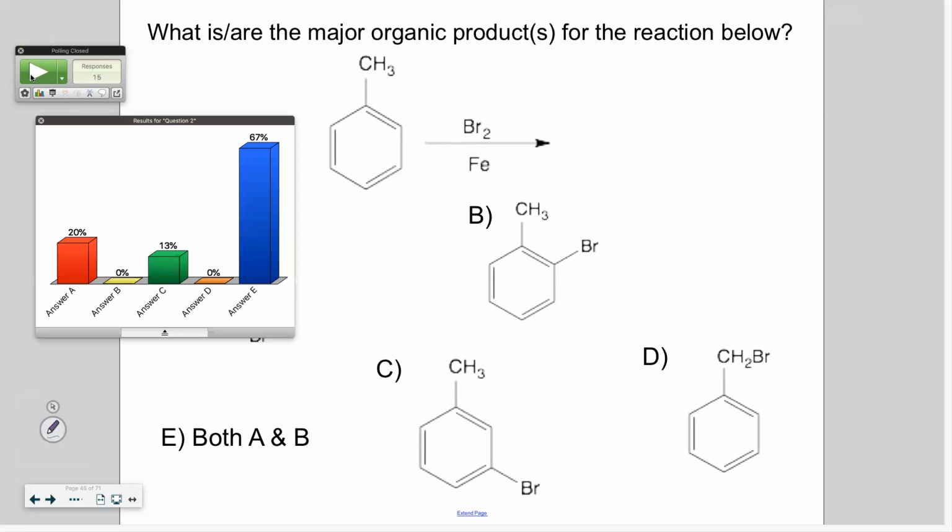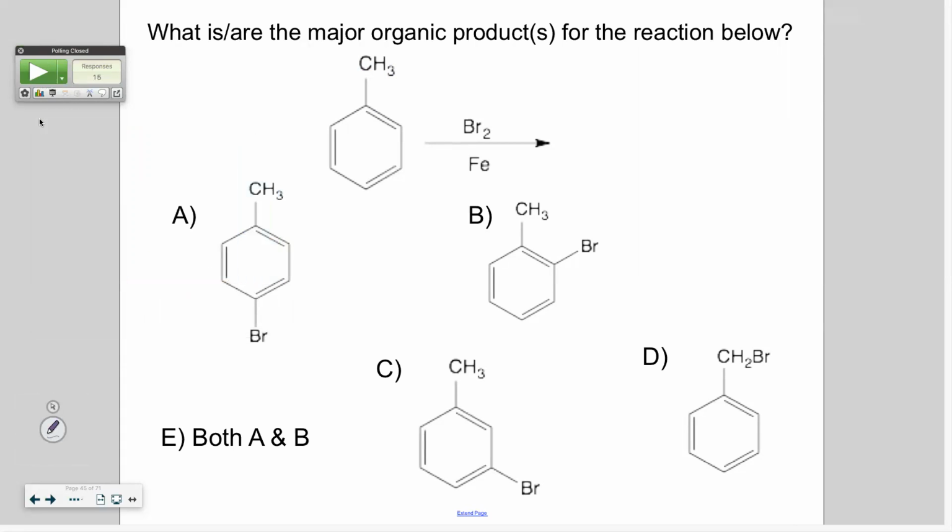Okay, we're there. Okay, yep, it's E. Okay, don't try to predict between ortho and para unless you have a really big group like a t-butyl.